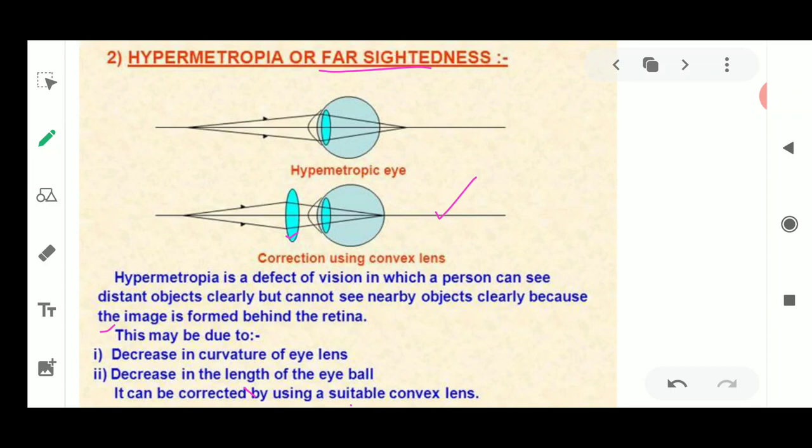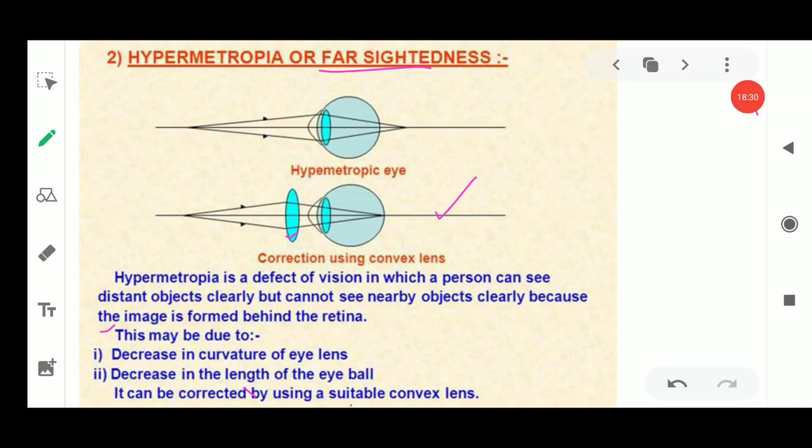Label which is the eye lens, which is the convex lens, where the eyeball is, where the retina is, and where the image is being formed. Mark all the labelings in your diagram. This is how a person corrects their vision for myopia and hypermetropia.